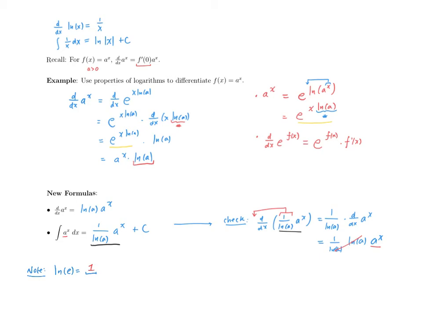And with that in mind, the above formulas match up with our previous formulas for differentiating e to the x. We saw previously that the derivative of e to the x is e to the x, and the antiderivative of e to the x is also e to the x. And this matches up with our above formulas because the natural log of e is simply the number 1.